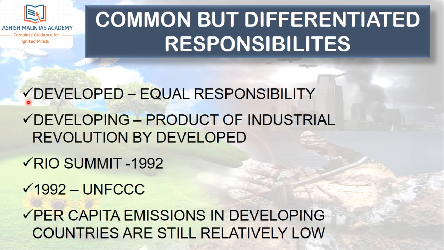Now, it was also agreed that the per capita emissions in developing countries are still relatively low. The greenhouse gas emissions by developing countries are still very low as compared to the developed countries. That is why countries like China, India and other developing countries are exempted from the Kyoto Protocol.